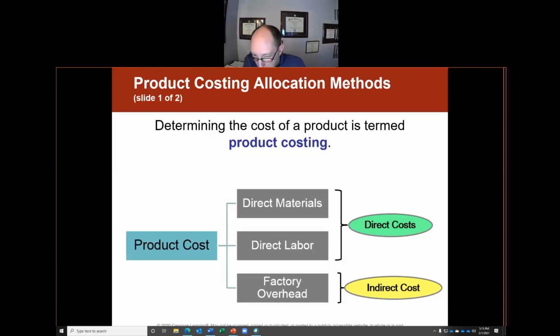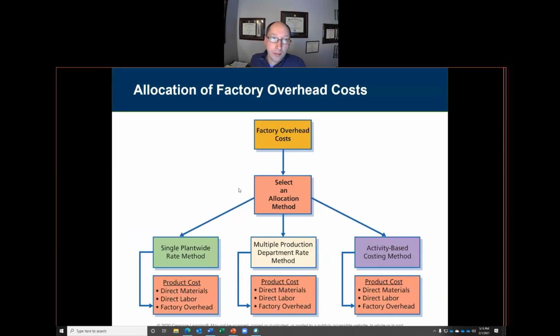And you all remember this when we talked about job costing and process costing in the past two chapters. So let's talk about factory overhead, and that's what activity-based costing focuses on, is the allocation of factory overhead, and that's what we're going to talk about tonight.